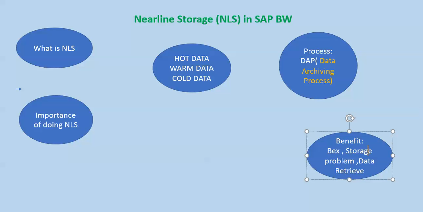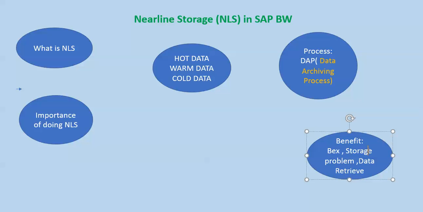One of the most important benefits is that it solves your storage problem. Your system has to be in good shape. Suppose you have 100 GB of hard disk. As per SAP standard, you should keep about 70 to 75% of your database consumed and 20% free, then your system performance will be good.